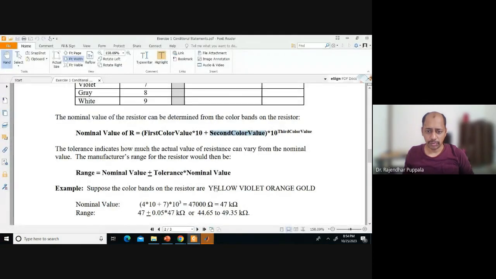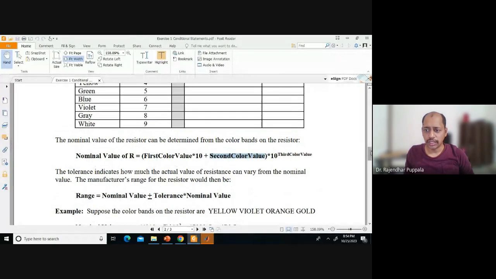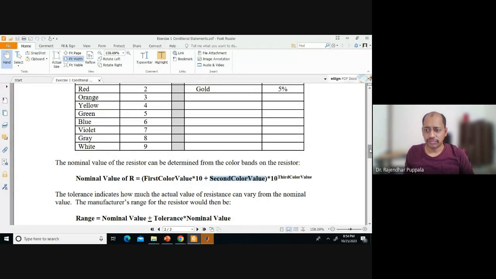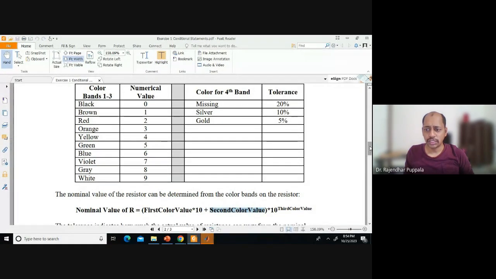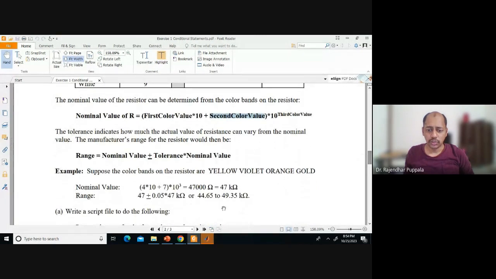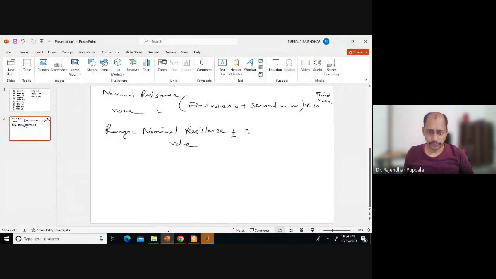Now the fourth color will be added here. That is tolerance. So based on the fourth color, we will come to know the percentage of tolerance. Okay, tolerance into nominal value. So these are the formulas to find out the nominal resistance value and range of the resistance.